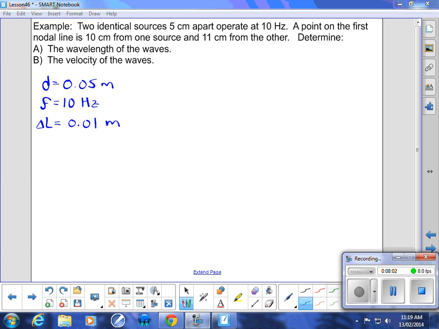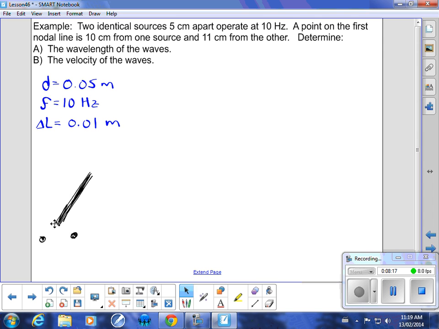To visualize it, here's your nodal line. I'll draw in a black nodal line, and we have our 2 point sources located here and here. We know the point could be anywhere on this dark line, this dark region. There's your L1 and L2. We know that the delta L here is going to be 0.01 meters.